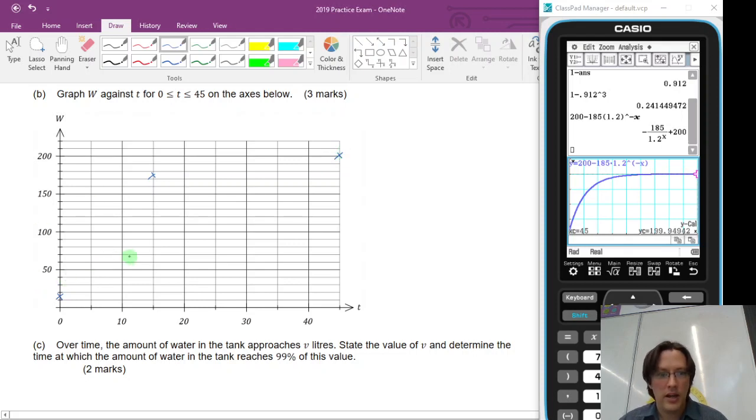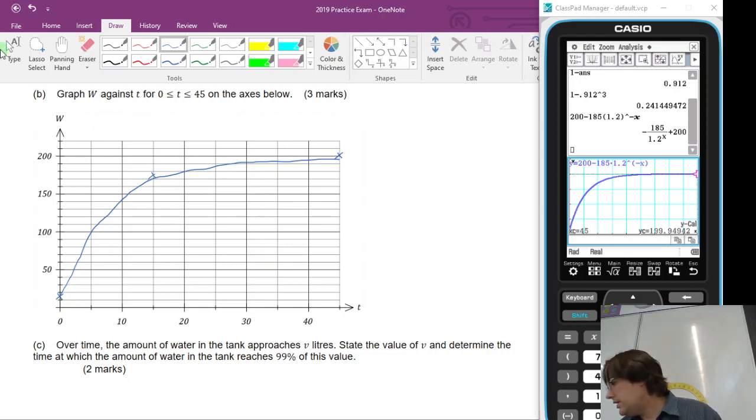So we're going to have something that looks a little bit, try and copy that as best as you can. It's just an exponential that goes up like that. Now the lines are a bit hard to draw on my tablet, but you get the idea there. I'll just see what the points are worth.